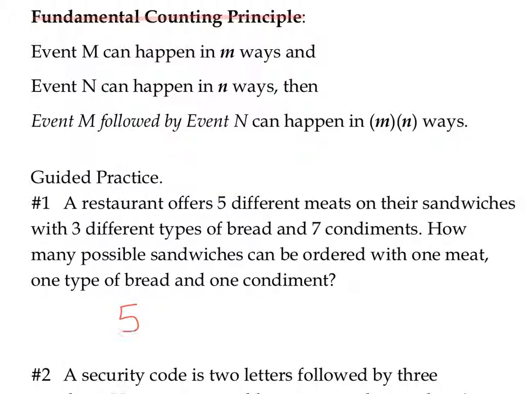There are 5 different meats times 3 different types of bread times 7 different condiments. Again, we're assuming here you can only get 1 condiment on it. You multiply those together and you get 105. So it'd be 105 different possible ways to order a sandwich with those options. We multiply the possibilities of each of those events.